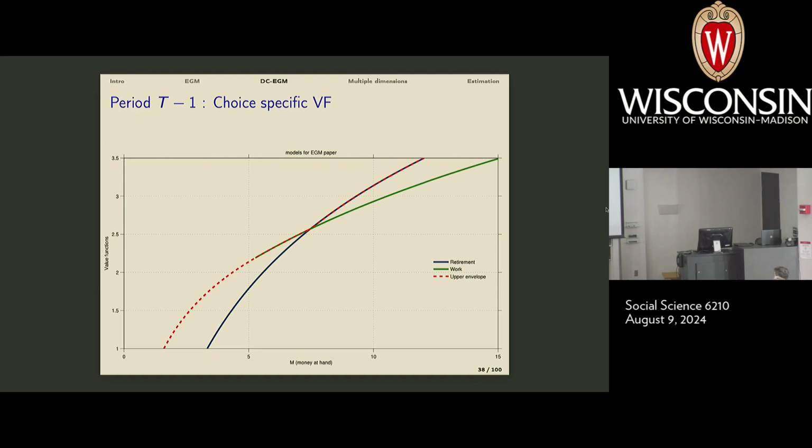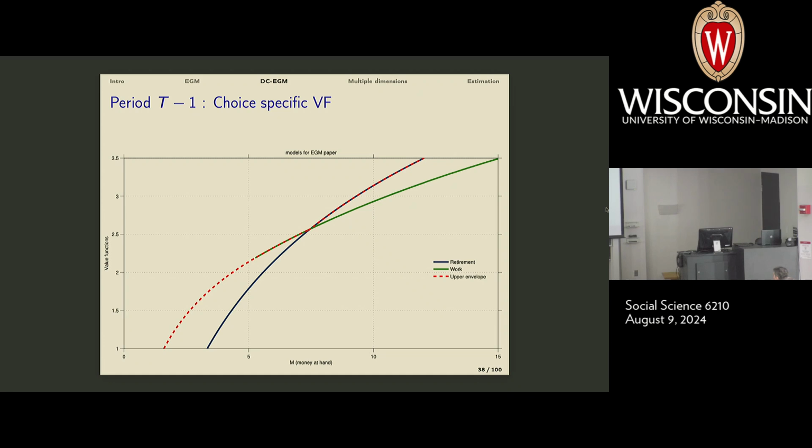The blue line is the value of retirement, and the green line is the value of work. This is that analytical continuation. And here's the point of wealth which decides whether you retire or stay at work. Essentially, if you're wealthy enough, you take retirement. If you're to the left of this intersection point, it's better to remain working. Does it make sense?